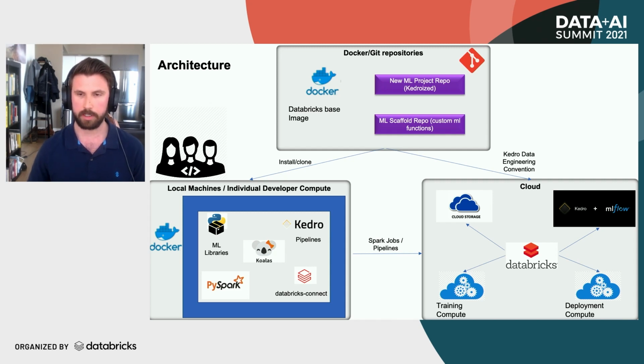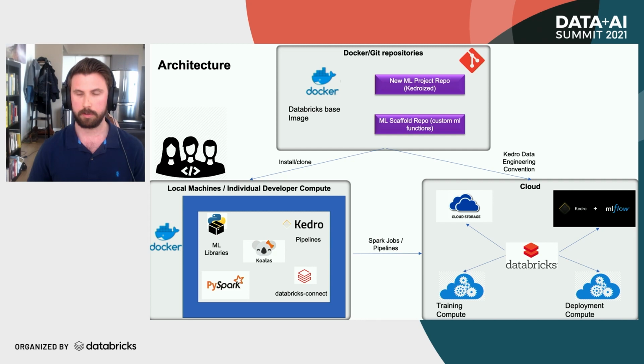And on the right-hand side, let's say we're working on Amazon, we have our S3 bucket where we have adopted Kedro data engineering convention as well. That's identical to other individual machines for this given project.